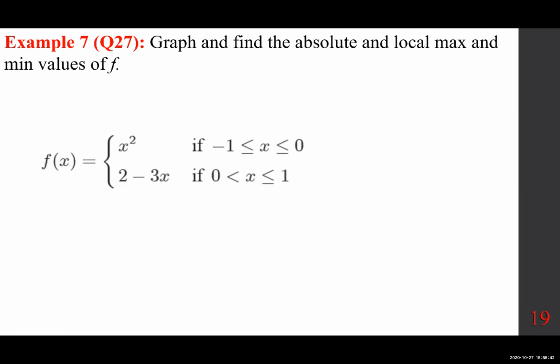All right, we want to graph this function to find the absolute and local extrema, if you will. Local and absolute extrema. I hope you realize if you were to graph this, class, I mean a fast graph.